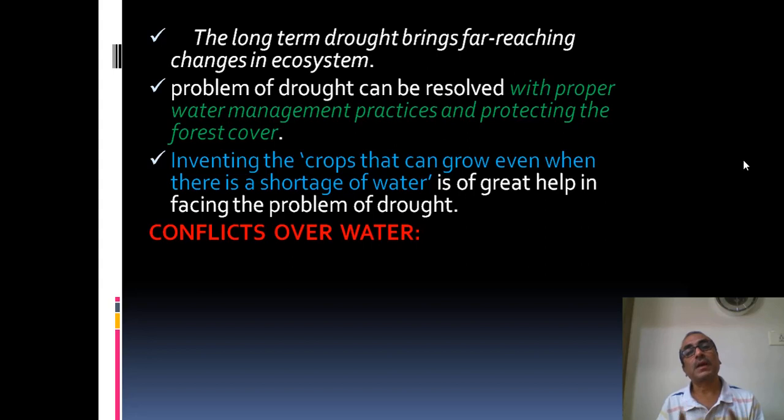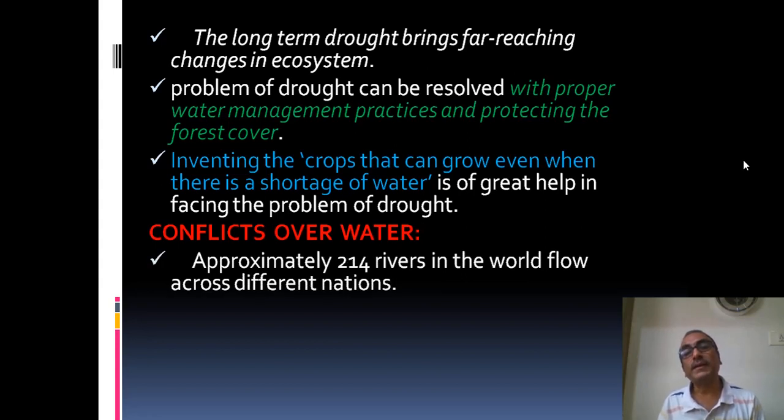There the problem arises that whoever builds a dam will be storing the water, that country will be getting the water, and the other country will be suffering from scarcity of water. So then there will be a fight or conflict between the two countries over the water resources, and that is what is going to happen in future.